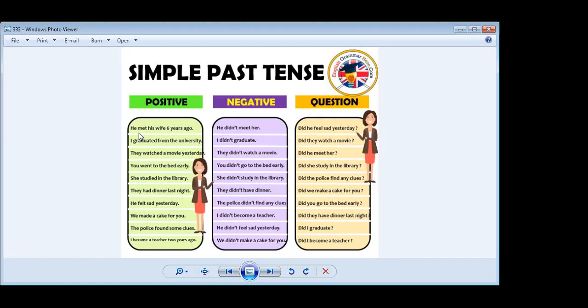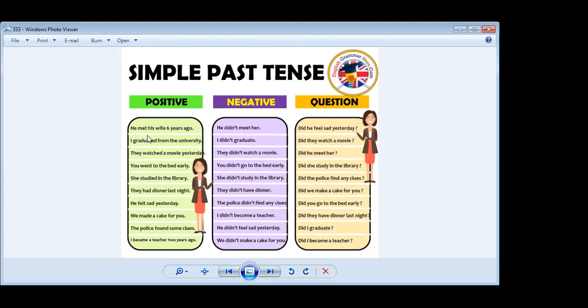Okay, in the irregular, a change happens to the verb. We might remove a letter, meet, met. Or the whole word might change, go, went. We changed it completely. Have, had, we changed it completely. Feel, felt, we changed some letters. Okay, we added a t. Make, made, we changed a letter. Find, found, become, became. So those are irregular verbs, okay? In the regular, it's very easy, we add ed.